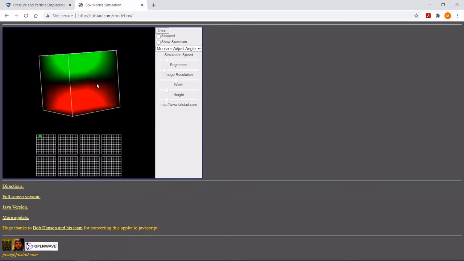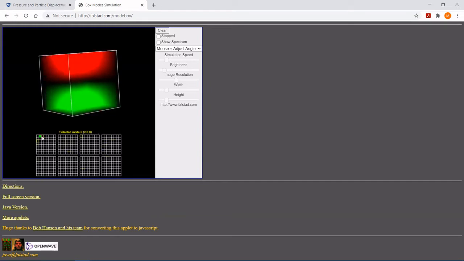I think the 2 different colors are helping you visualize that the particles of air on the 2 different sides of the cube are probably 180 degrees out of phase. So when these particles are experiencing their pressure slightly higher than equilibrium, the particles down here are experiencing a pressure slightly less than equilibrium.